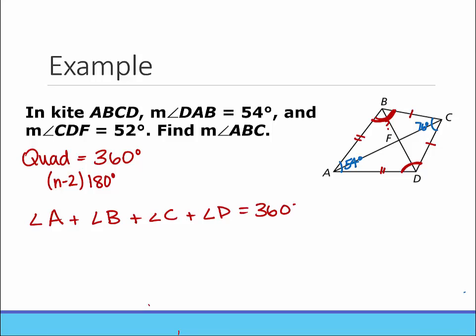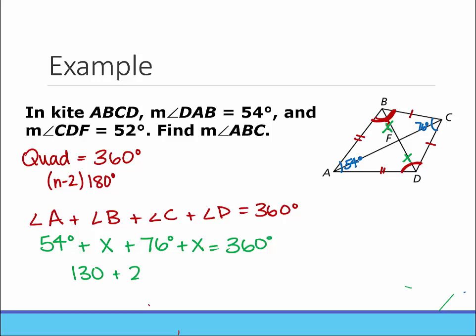So angle A plus angle B plus angle C plus angle D have to add up to 360. Now I know some of these angles. I know angle A is 54 degrees. I don't know angle B, so let's make it an x. I know angle C is 76 degrees because we just solved for that. And I don't know angle D, but remember these two have to be congruent, so this is another x. And then this just turns into a nice easy algebra problem. 54 plus 76 gives us 130, plus 2x equals 360.